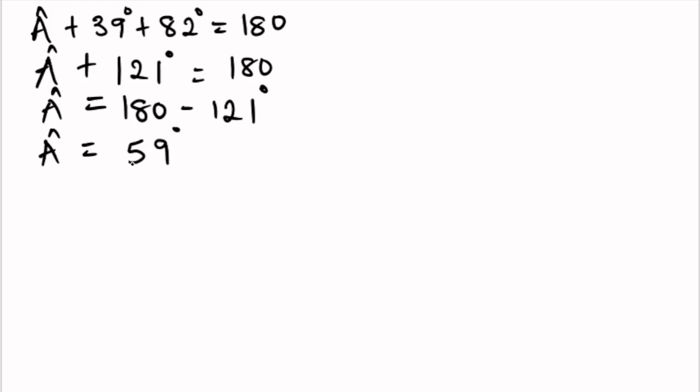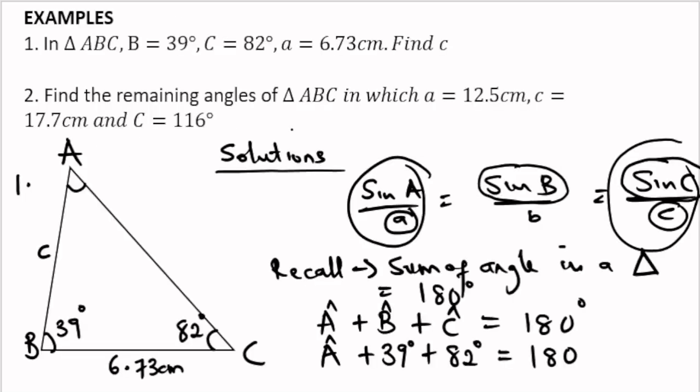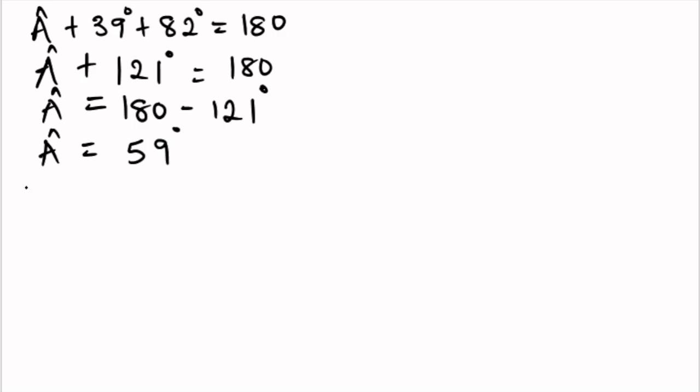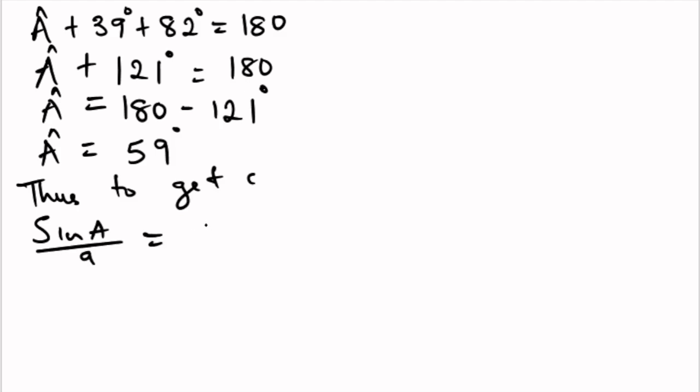So now that we've gotten the value for A, we're going to put it in our triangle. So angle A is 59 degrees. So we're going to work with sine A over a equals sine C over c. So to get small letter c, we have sine A over a equals sine C over c.